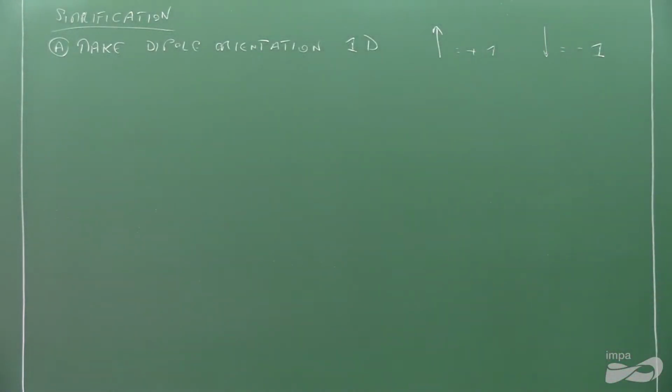Okay, so I have two possible values for the spin, up or down, and in most cases we will just say +1 or -1.